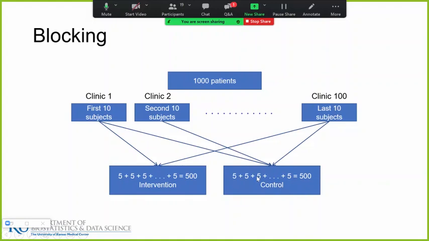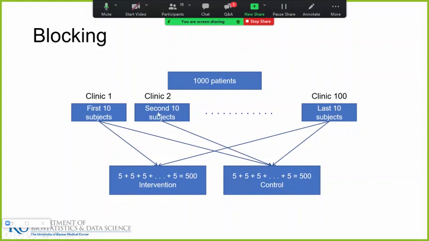Why do we do that? If we put everyone in clinic 1 in the intervention, everyone in clinic 2 in the control, let's just suppose we just have the 2 clinics for simplicity's sake, then at the end of the study, if I see differences between the intervention group and the control group, I cannot determine whether those differences in outcomes are because of the intervention versus the control or because of clinic 1 versus clinic 2. This could be the VA, and this could be KU Med.